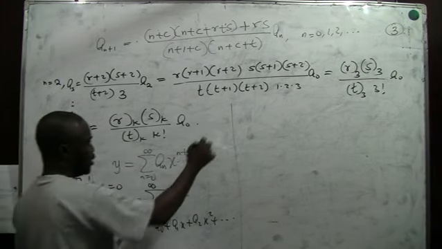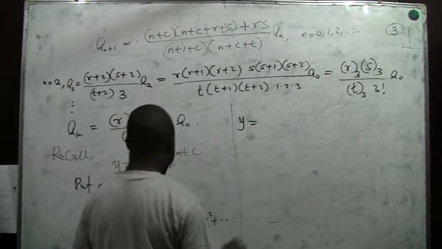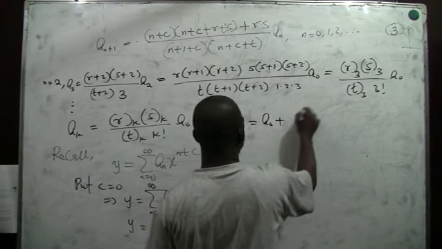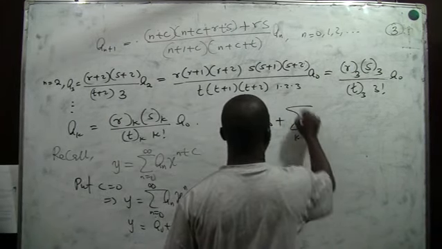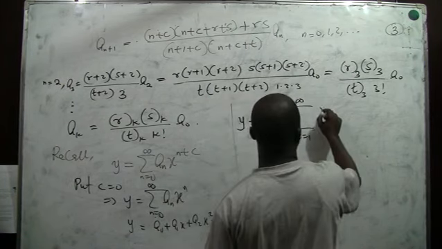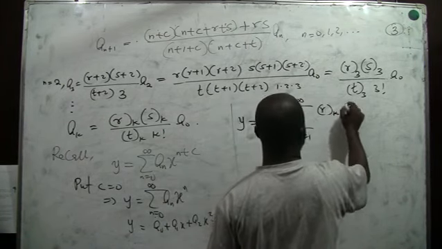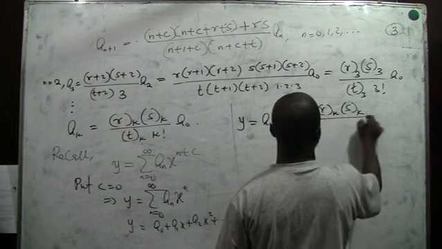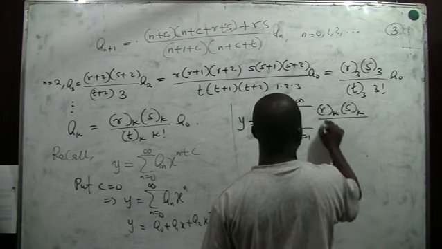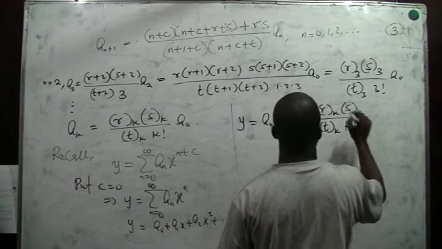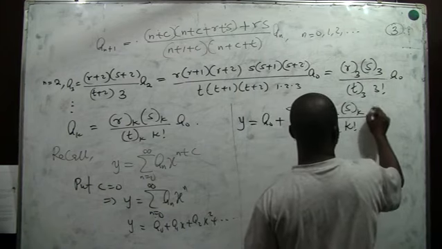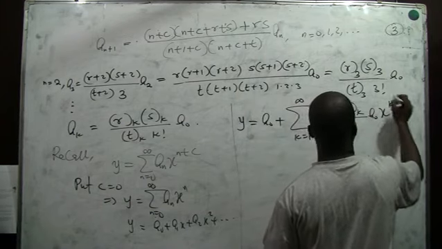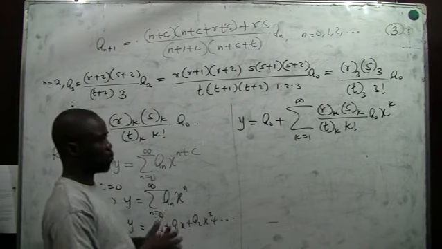Substitute this value now. We have a0 plus the summation k from 1 to infinity of r_k s_k divided by t_k k factorial a0 x raised to the power k. That will be the solution.